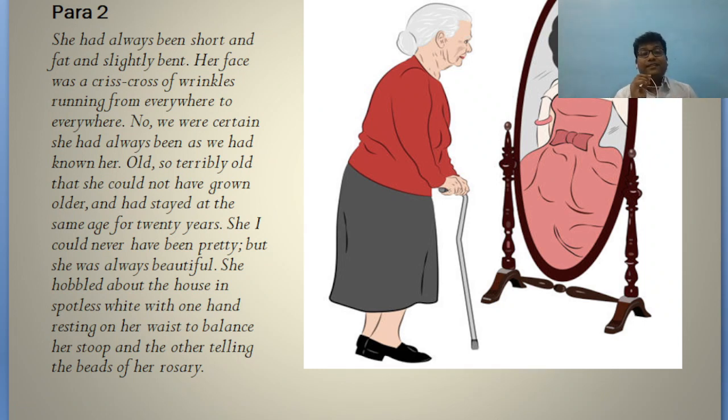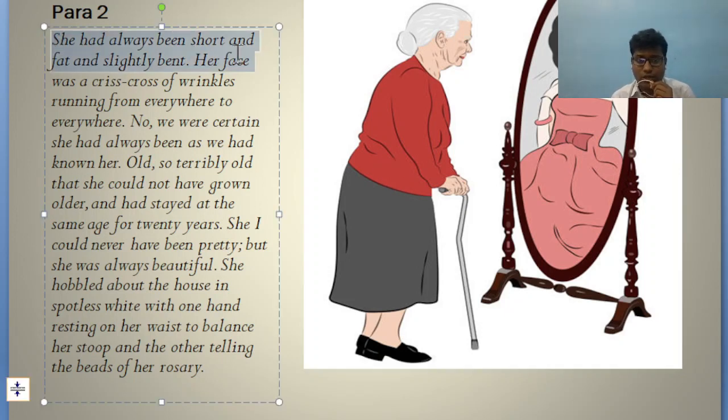Now moving on to paragraph 2. As you can see, she had always been short and fat, and even in the picture you will see that the grandmother is short and fat. She had always been short and fat and slightly bent, a stooping figure, which is not uncommon for older people, especially so very old people like the grandmother.